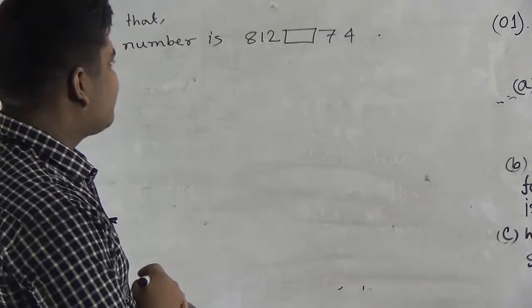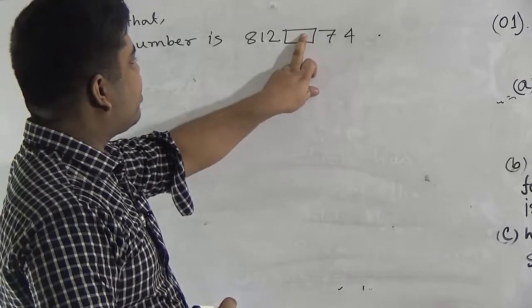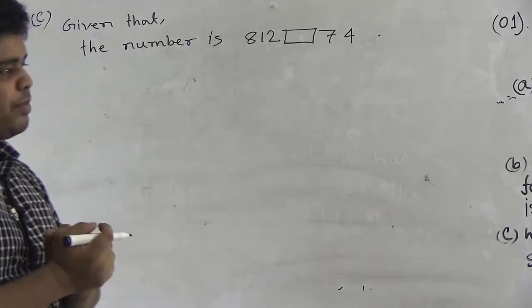We want to put a number in the box so that the number is divisible by 9.